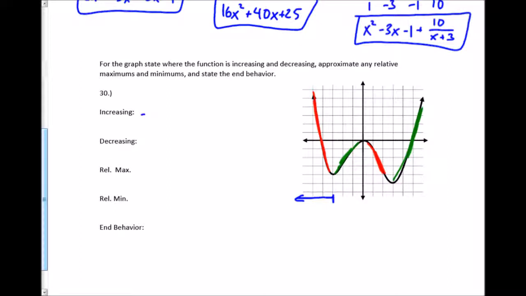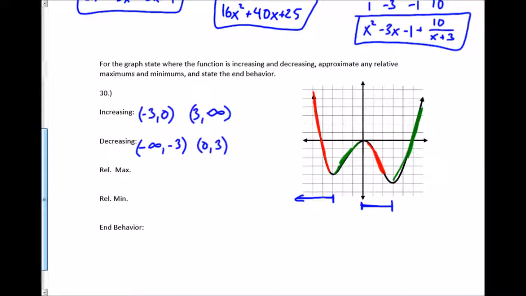So from negative infinity to negative 3, it's decreasing. And then from here to here, it's also decreasing. So from 0, sorry, I didn't draw that quite long enough. From 0 to 3, it's decreasing. And then it's increasing from negative 3 to 0. And then it's also increasing from 3 to infinity.